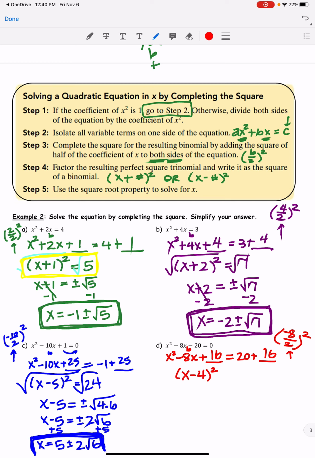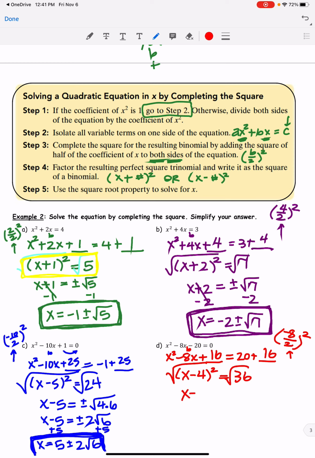Negative 8 divided by 2 is negative 4. So I've got x minus 4 quantity squared equals 20 plus 16 gives me 36. This is where you're stopping during the conic section, right? This is all you've got to do. But for my homework, you got to solve for x. So let's use the square root property.